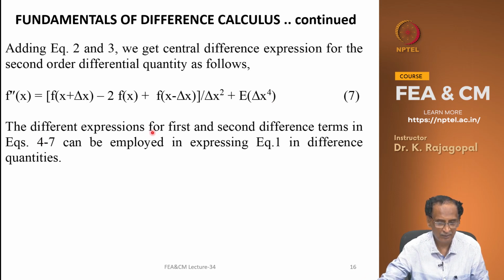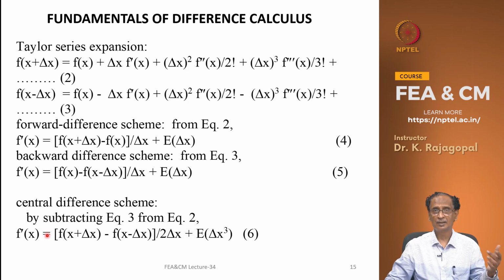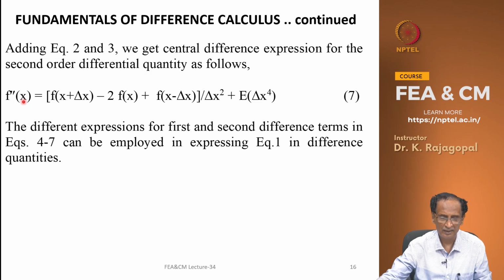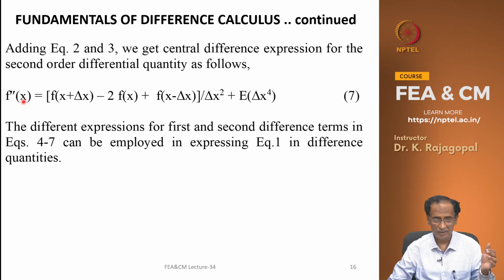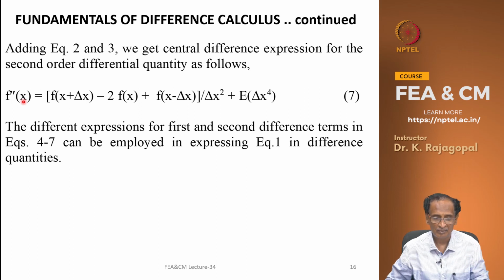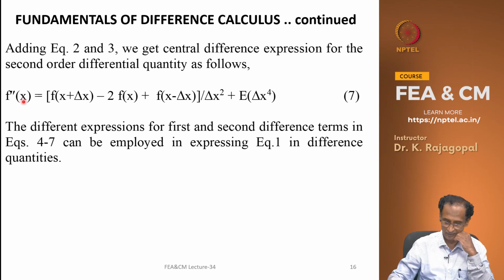And this equation for f prime x is actually our x dot. This is related to your first derivative, that is the velocity term, and this is our second derivative related to the acceleration term, and we can substitute this in our governing equation m x double dot plus c x dot plus k x is equal to p, and convert the entire equation into only in terms of displacements at different time steps.